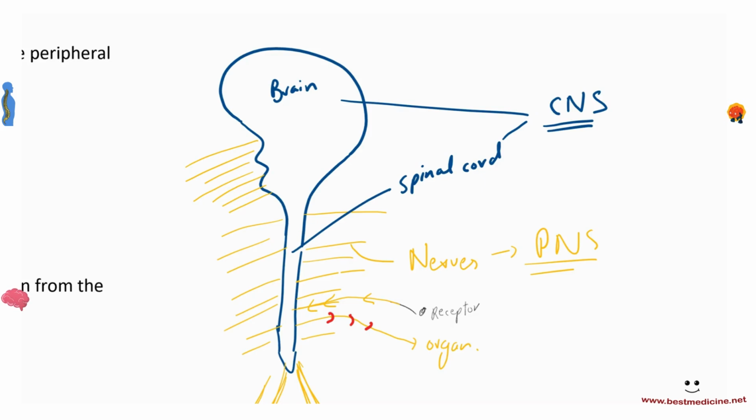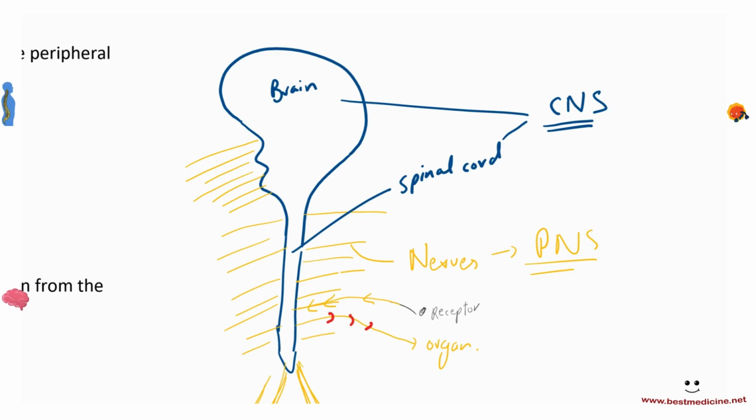The way this information is carried is by electrical impulses. So you actually have electrical impulses traveling through nerves from the receptors to the CNS, and from the CNS to the effector organs through the PNS. All of this information is carried in the form of electrical impulses.